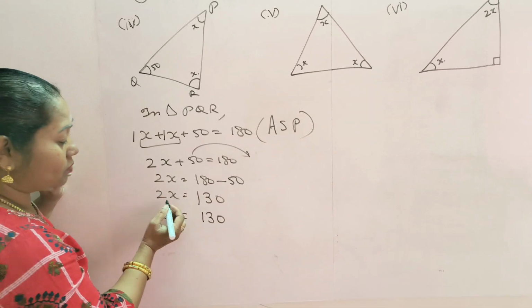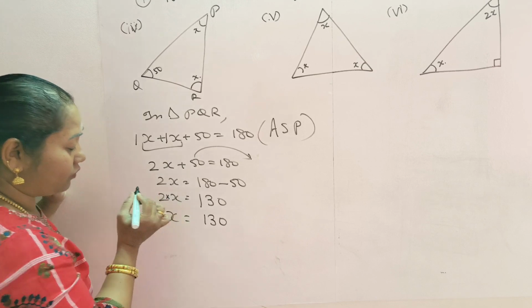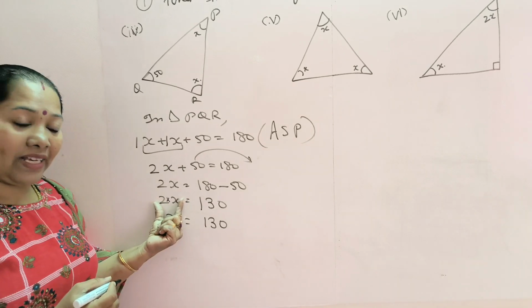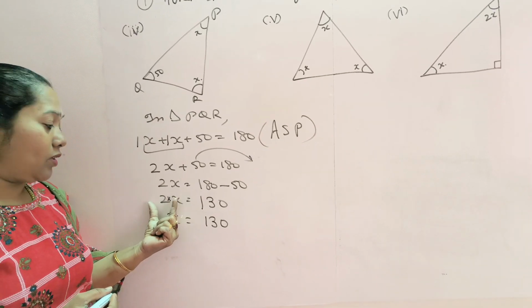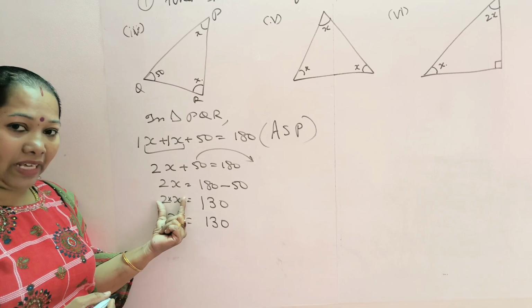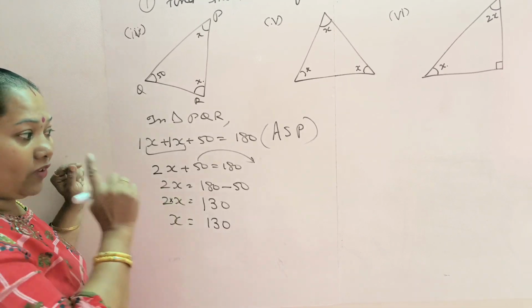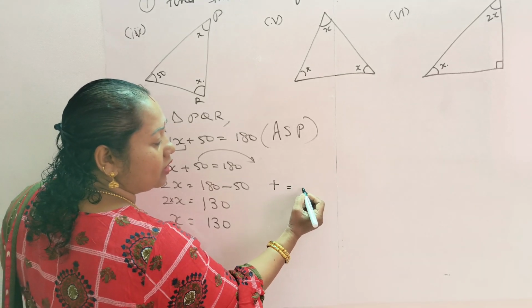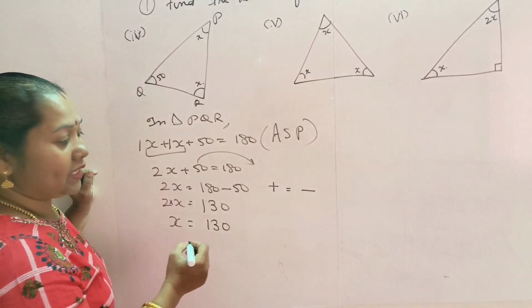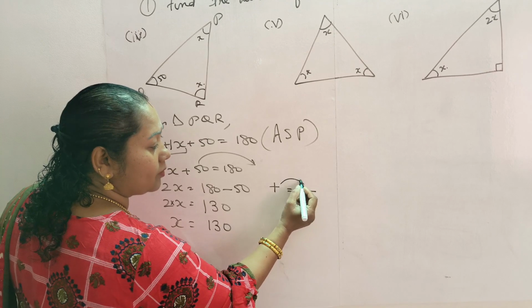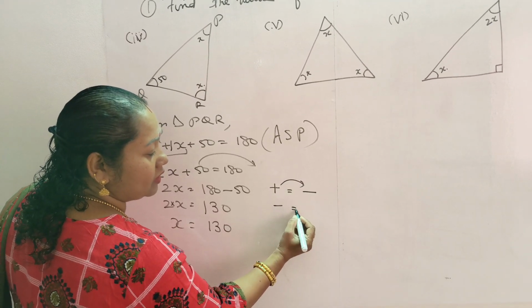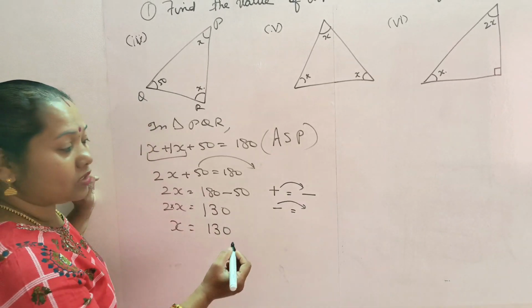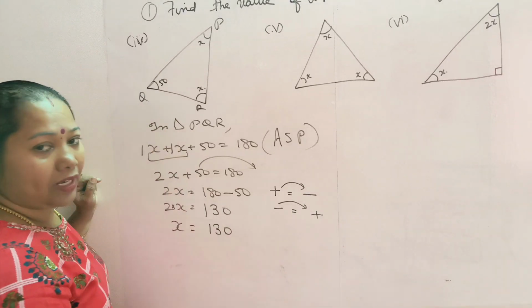Since this 2 is the product with x. If it is written 2x, that means 2 into x, that is 2 multiply x. We already learned that if plus is crossing equals, then it becomes minus. And if it is minus, then when it crosses equals, it becomes the plus sign.